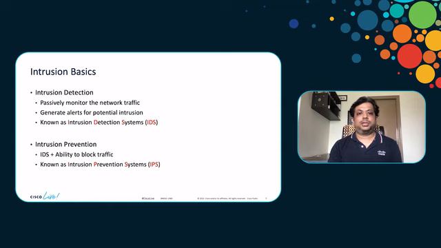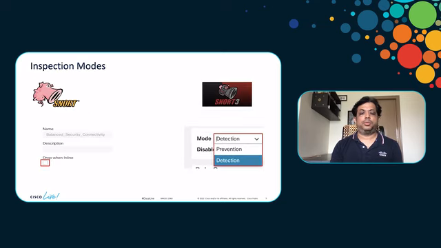Now that we know what an intrusion detection system is and what an intrusion prevention system is, let's have a look at how this translates into Firepower products when they are deployed in either intrusion detection or prevention mode.